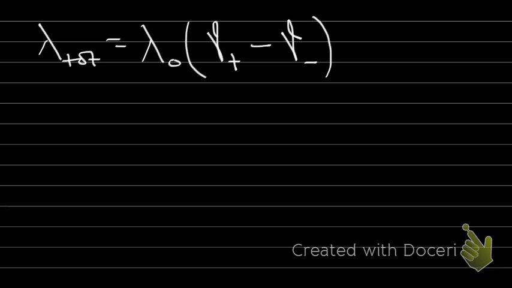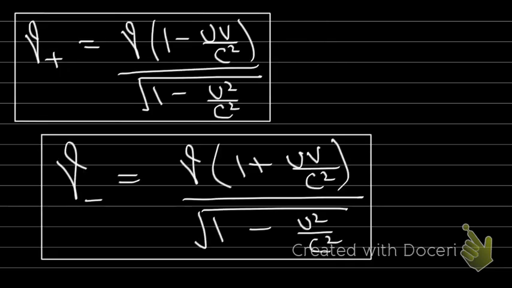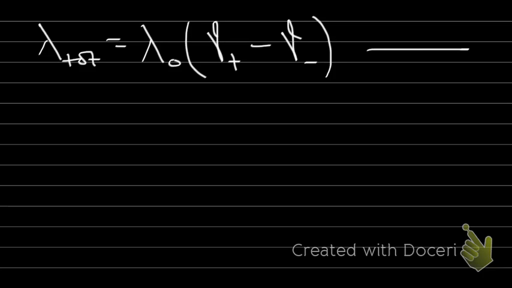Okay, so now all we have to do is substitute the expressions for these gamma minus and gamma plus, right? So gamma plus over here and gamma minus over here. These expressions are going to go in this equation over here, and so we would get our total charge density. So let's go ahead and do that, right?